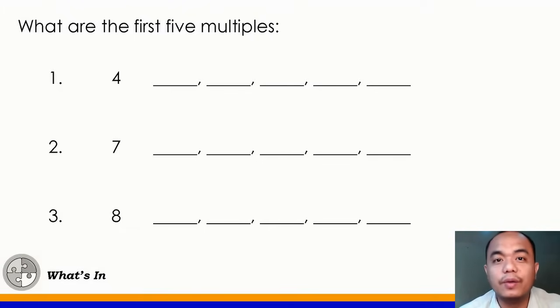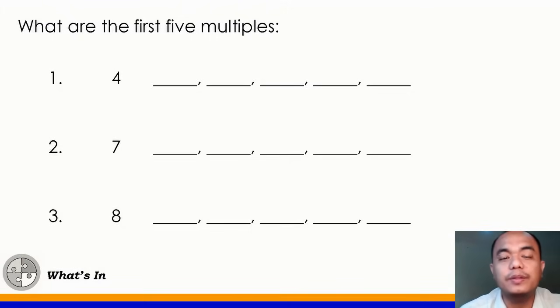Can you still remember what multiples are, class? Yes, a multiple is the result of multiplying a number by an integer. So for example, 4: 4 times 1, 4 times 2, 4 times 3, 4 times 4. The product of that are the multiples of 4.